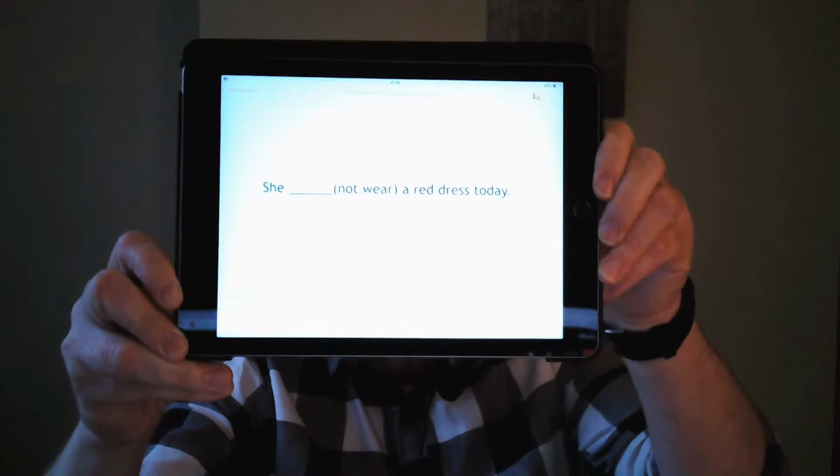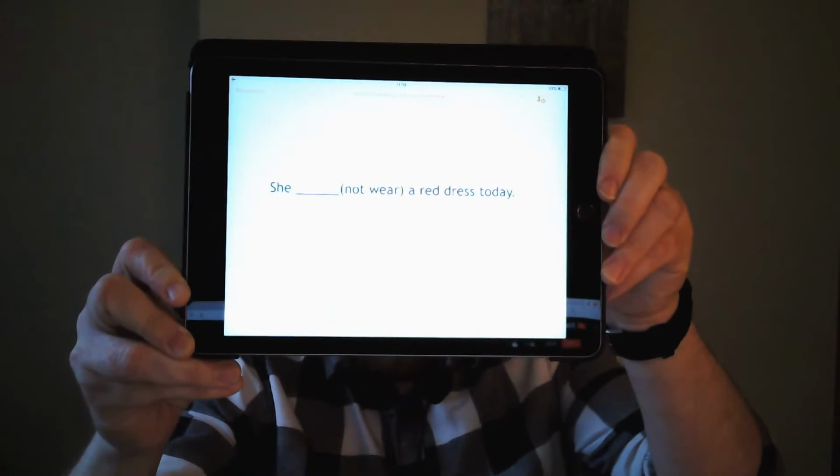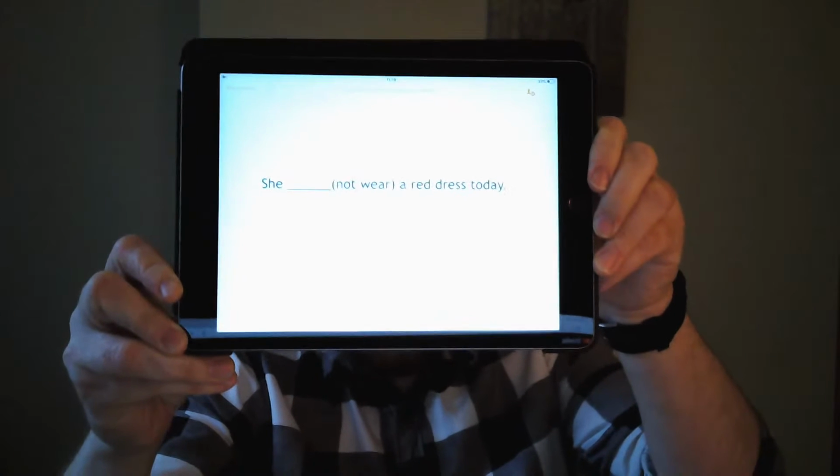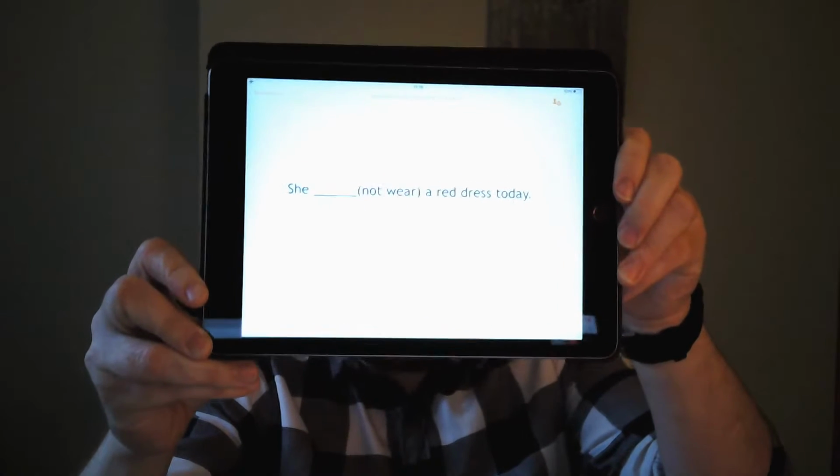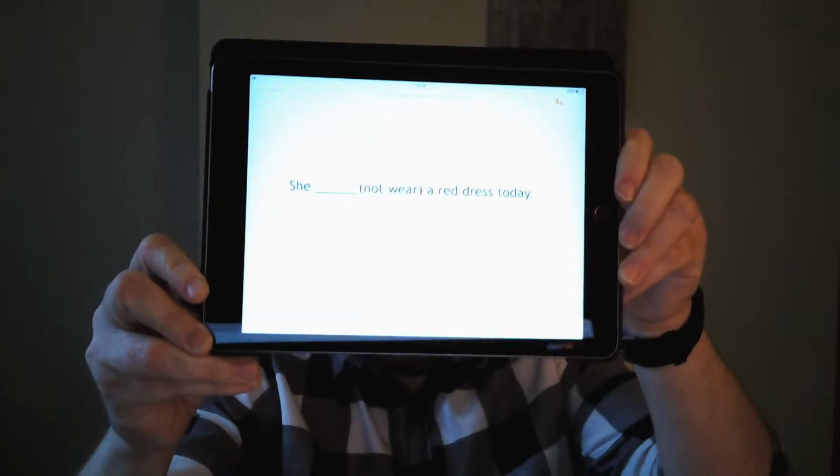Okay, let's have a look at another one. This is our fourth one from 5. This has to be a negative sentence as well. She not wear a red dress today. So it has to be a negative sentence. We have to think about, are we talking about now, or are we talking about usually, always?